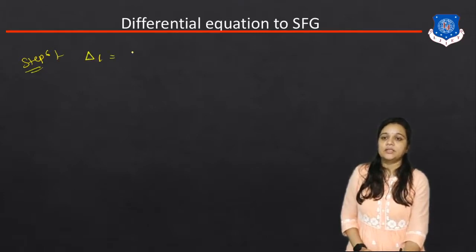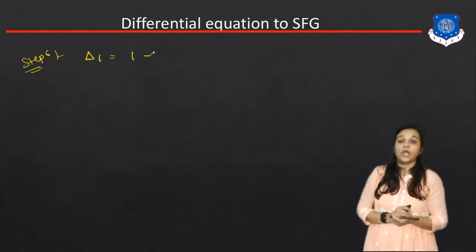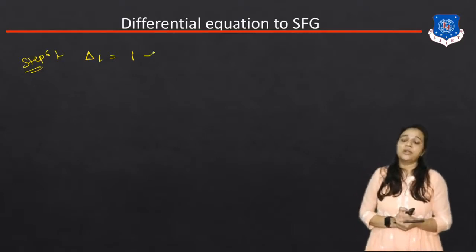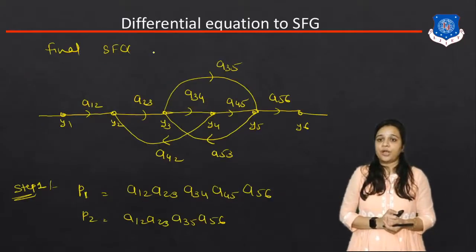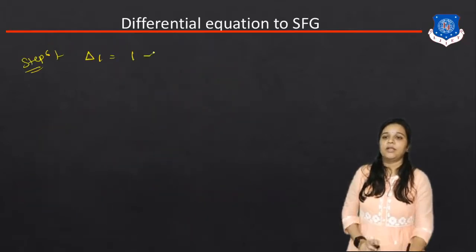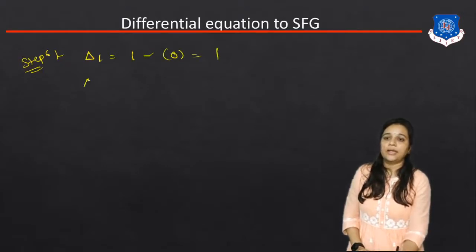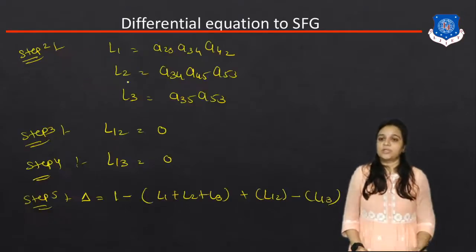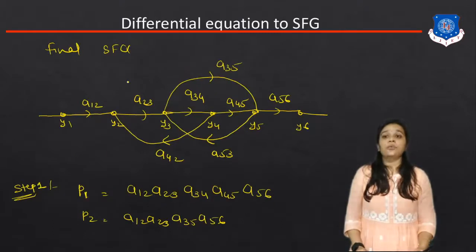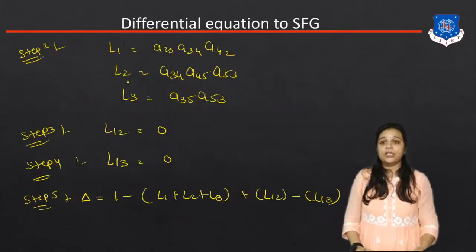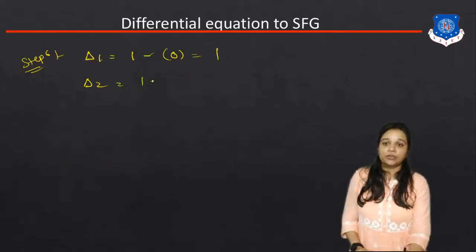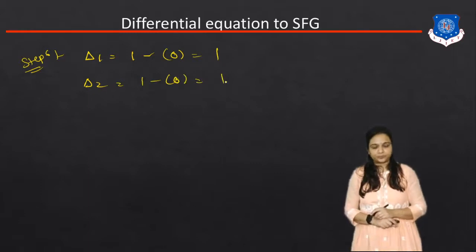So delta 1 is equal to 1 minus all the loops that do not touch the first forward path. So you have to check. For the first forward path, all the loops will be touching. So 1 minus 0, that is equal to 1. Delta 2: the second forward path is A12, A23, A35 and A56. So all the loops are again touching. So the answer will be 1 minus 0, that is equal to 1.